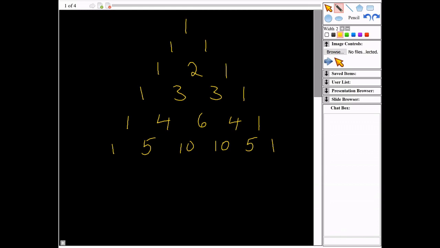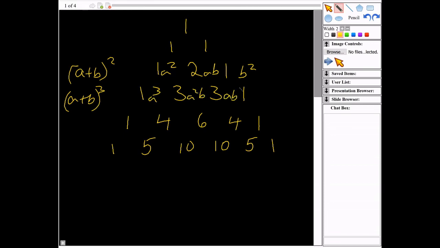So the first line, when you did the a plus b squared here, using this line, I would end up with 1a squared plus 2ab plus 1b squared. When I did the a plus b cubed, I would end up with 1a cubed, 3a squared b, 3ab squared, and then 1b to the power of 3, and so on.